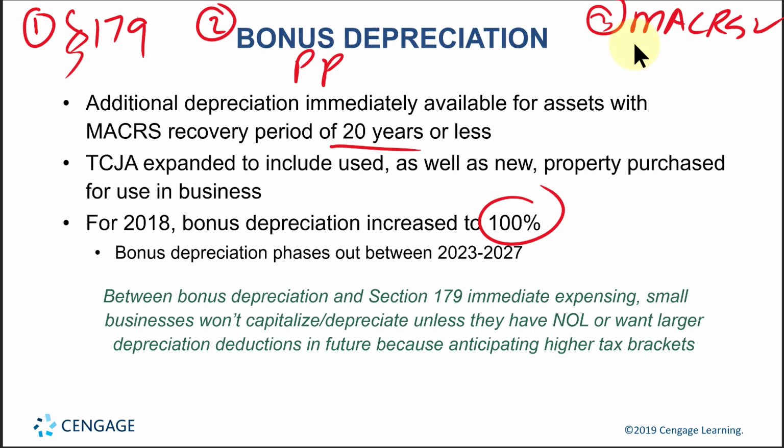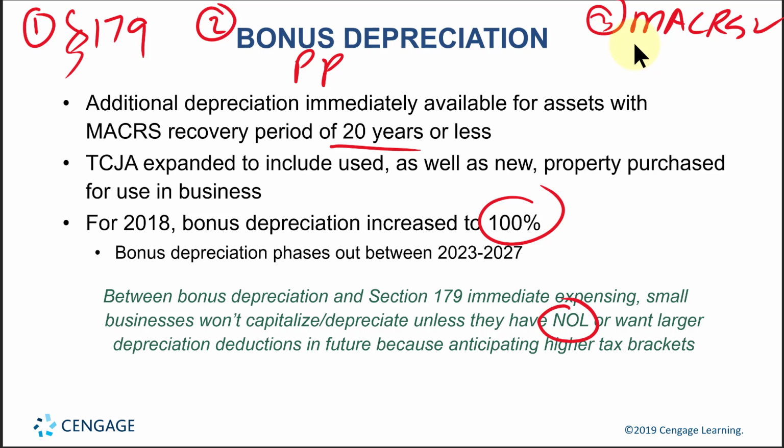Okay, and this bonus depreciation deduction can create what we call a net operating loss for the business that can be used to offset up to 80% of other income of the taxpayer. And if you still have excess net operating losses or NOLs, you can carry it over to next year to offset up to 80% of next year's income.